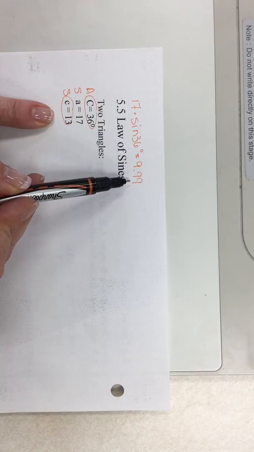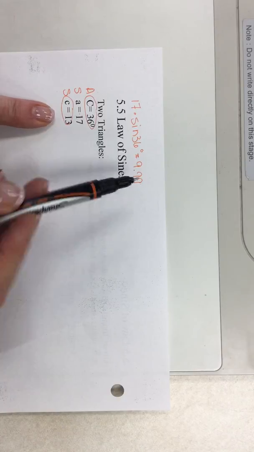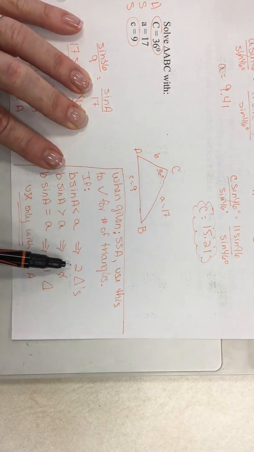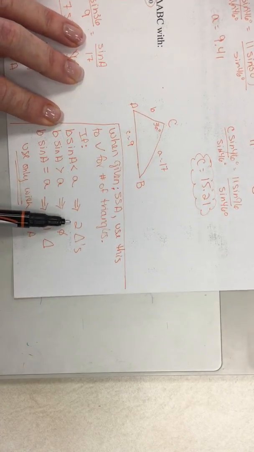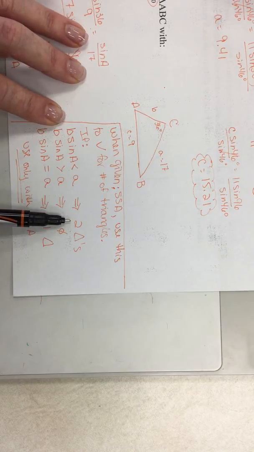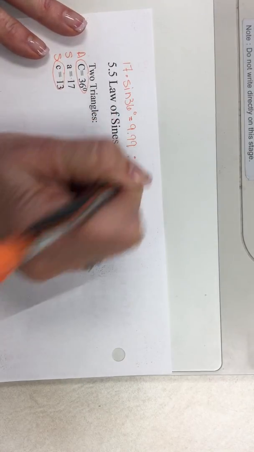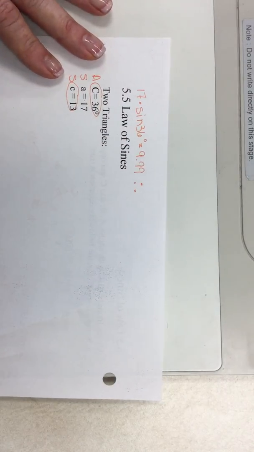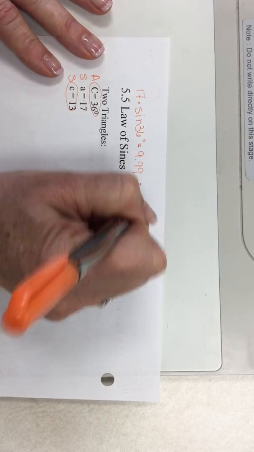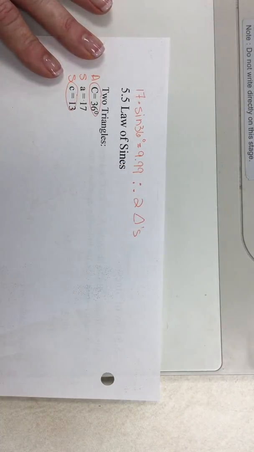Is it greater than, less than, or equal? It's less than. So how many triangles am I going to have? I'm going to have two triangles.